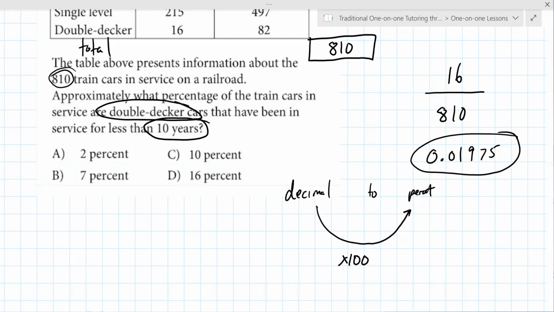Not divide, sorry, it's multiply. We're taking the decimal and going to a percent. So 100 times 0.01975.